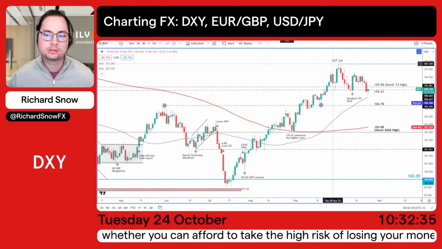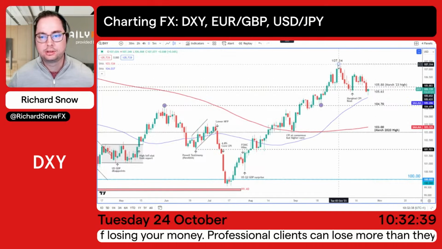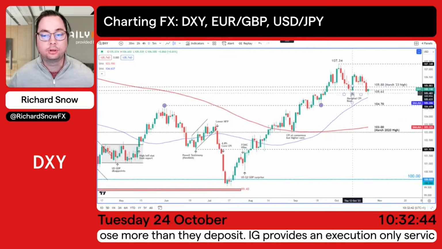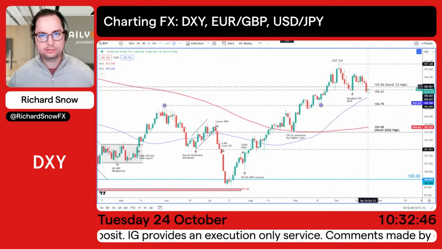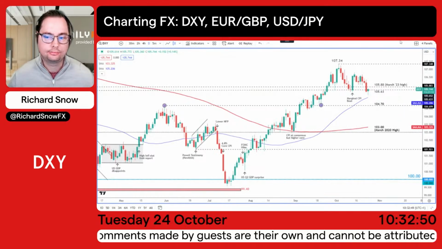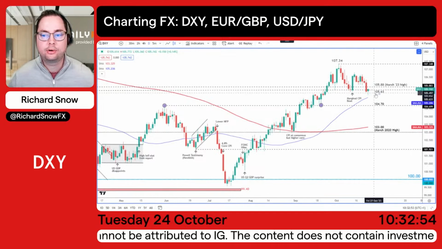Looking at the path of the recent price action, we've noted that peak at 107.34. Indeed, we've made a lower low and a lower high, looking to build on that if you are to reinforce some sort of bearish bias from here. But we've got some telling levels currently underway.